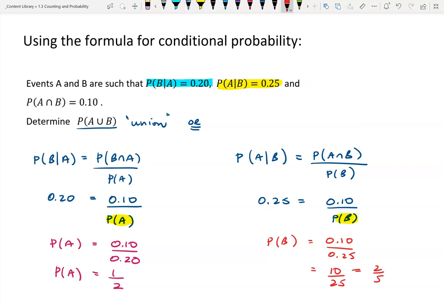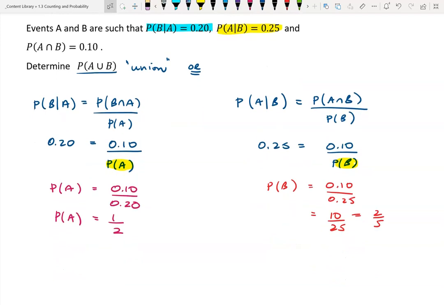So this is fantastic to help us find the union, because we can use our addition rule that says the union is A and B take the intersection. And we know A now, we know B, and we know the intersection.